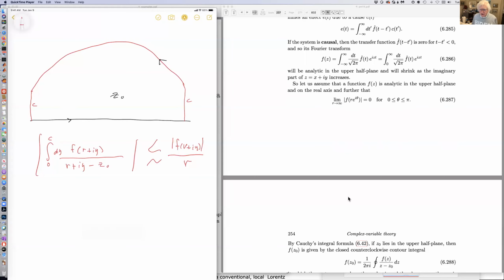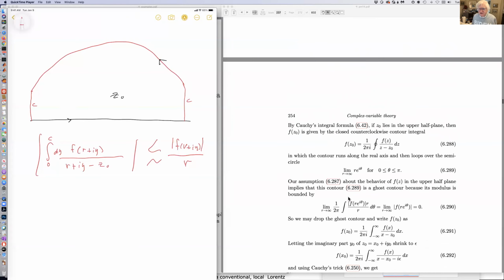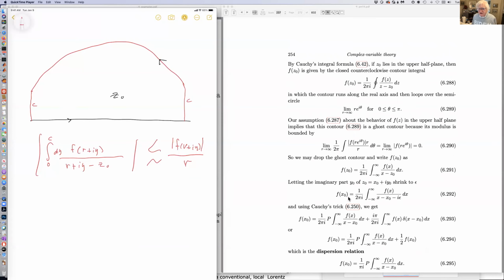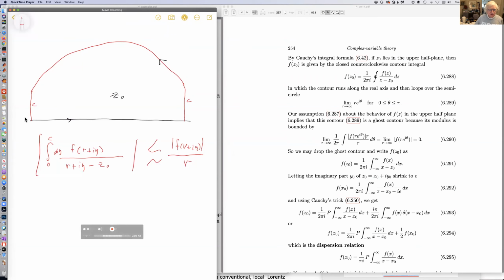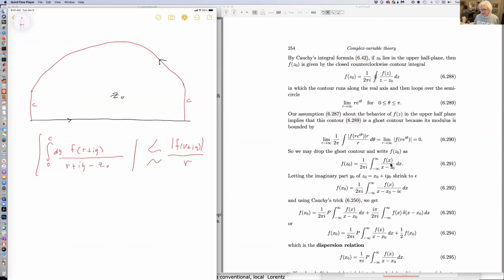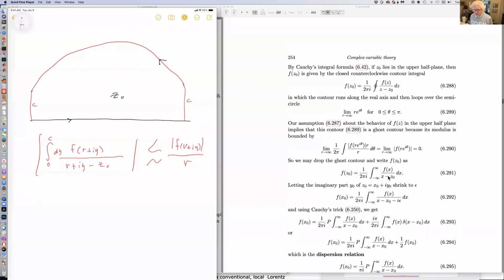There are various conditions that one can add, and the upshot is that this is a ghost contour and it's equal to 0. So what we're done with at that point is that f of z0 is, by Cauchy's integral form, 1 over 2 pi i times an integral along the real axis of f of x dx, where z becomes simply x, so we get x minus z0. And now we're going to shrink the imaginary part of z0 to epsilon.